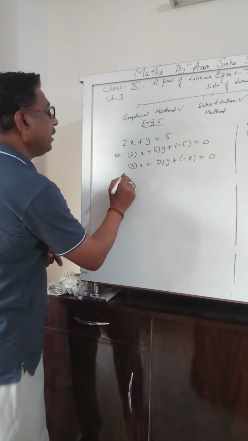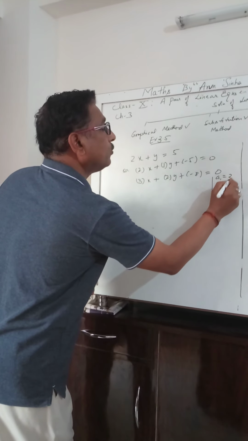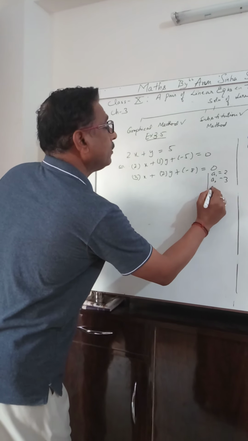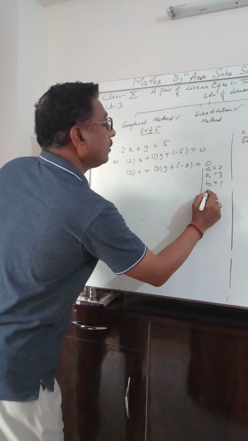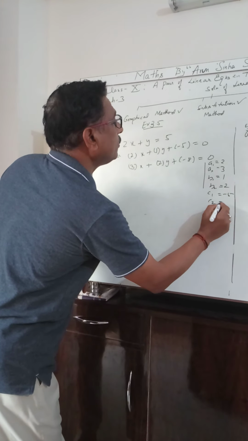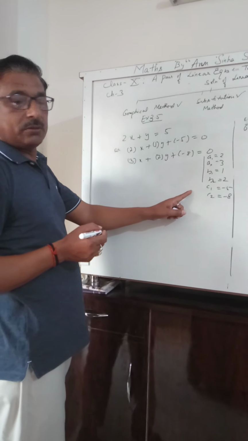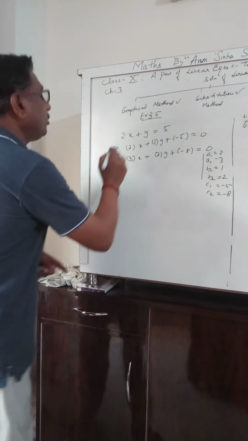Now you can see here: A1 is 2, A2 is 3, B1 is 1, B2 is 2, C1 is minus 5, C2 is minus 8. Now you have compared and found the value of these constants. Now put it in the standard form.